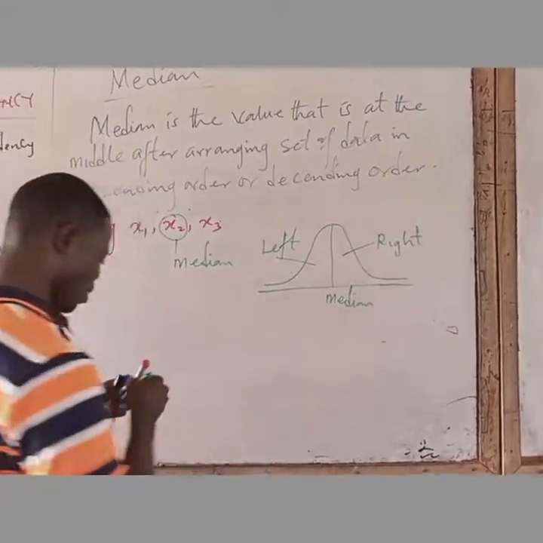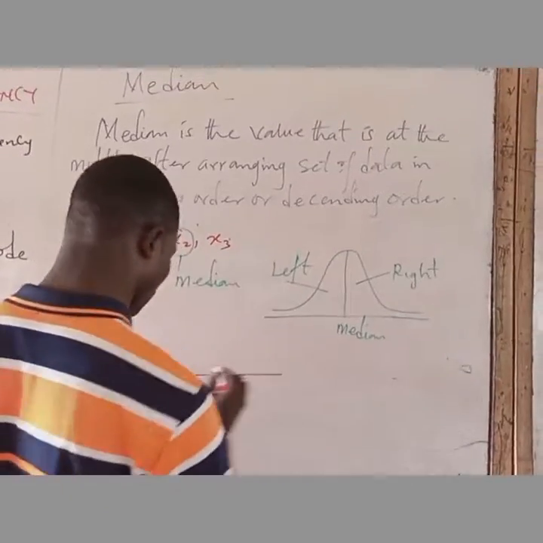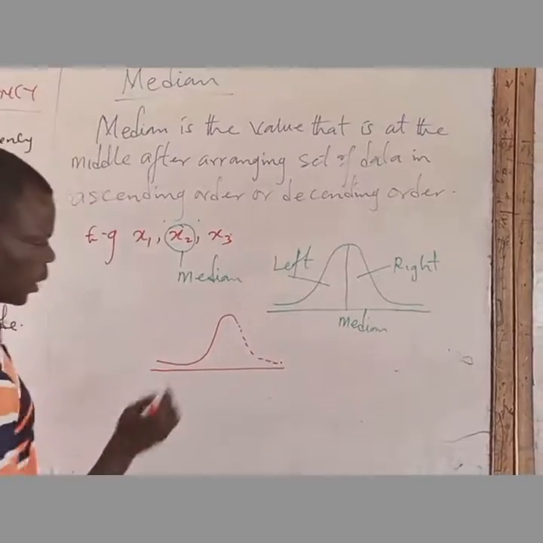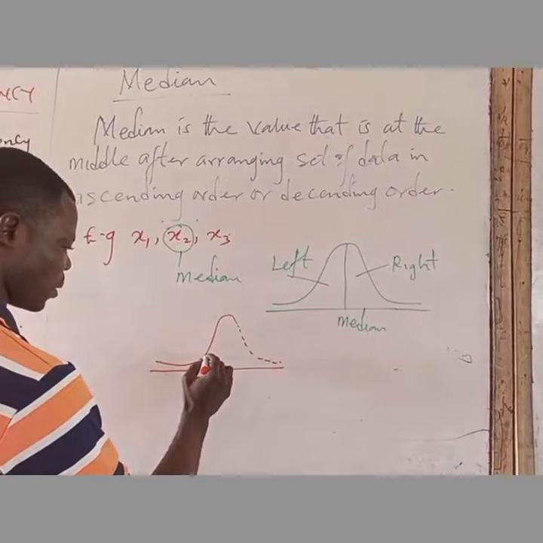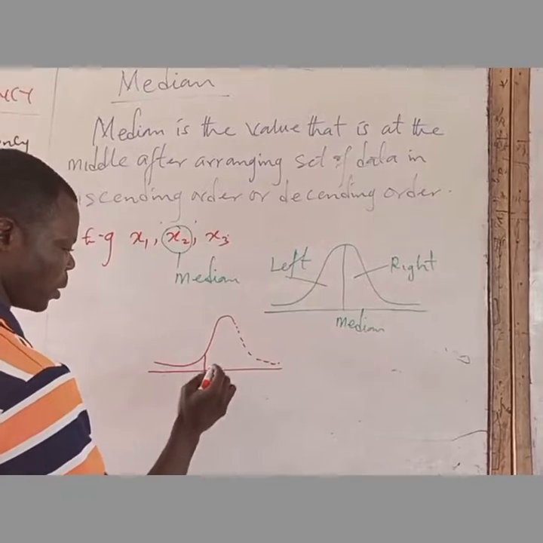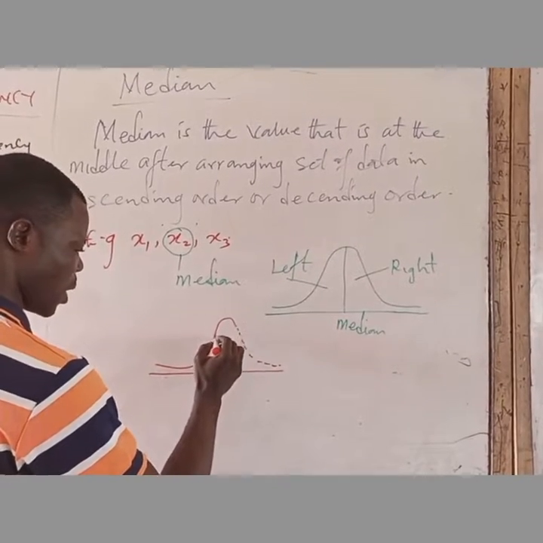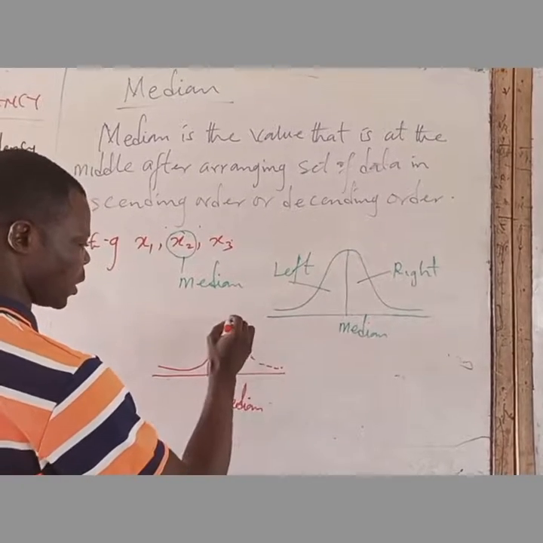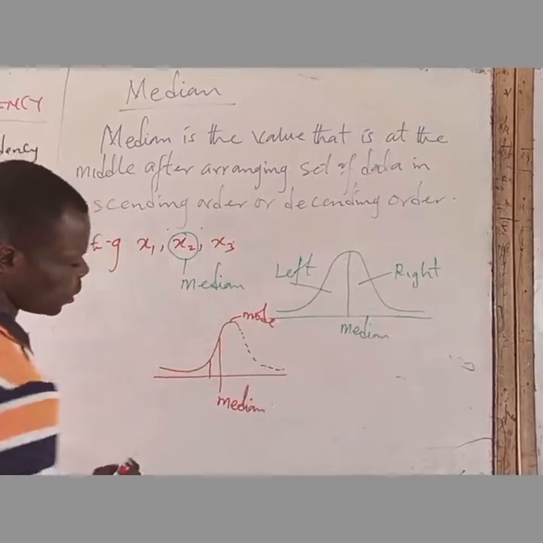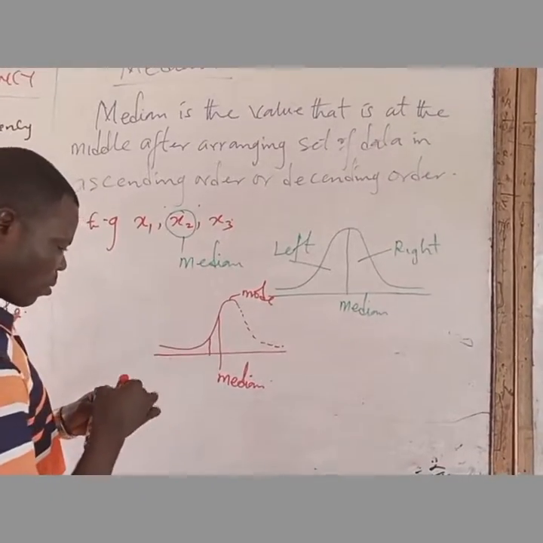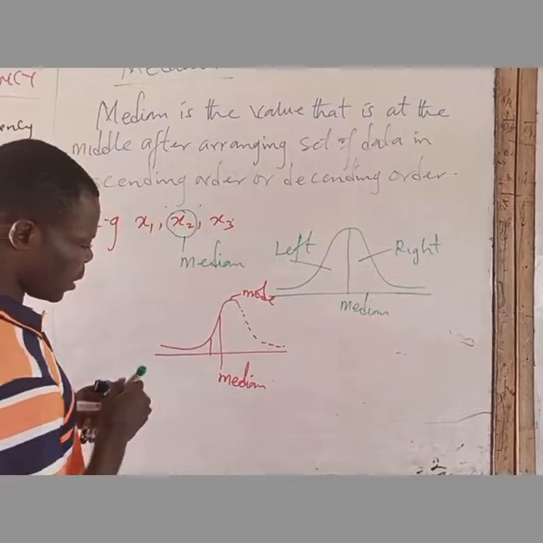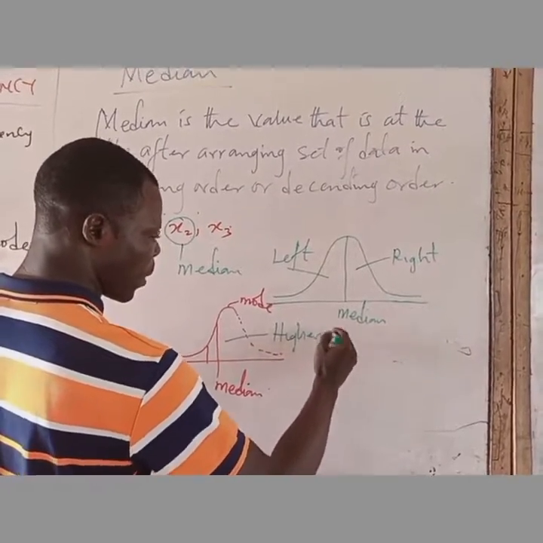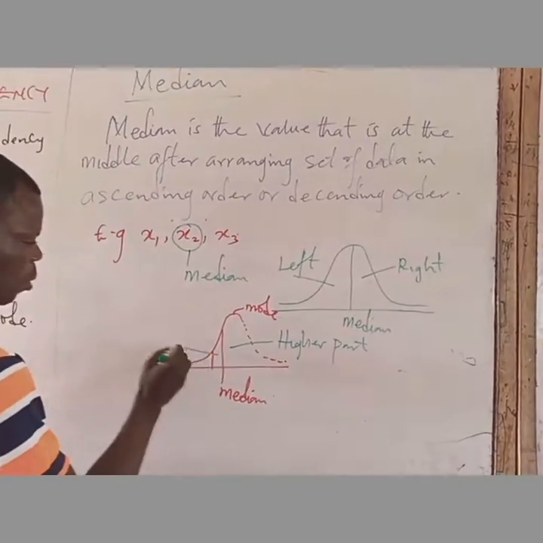Like if you have this, so this is the higher part. If this is your mean, so here is the median. Of course, this is our mode. So we discover that from here, this is the higher part, and this is the lower part.